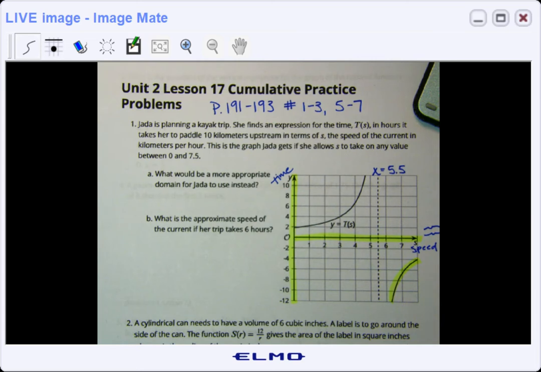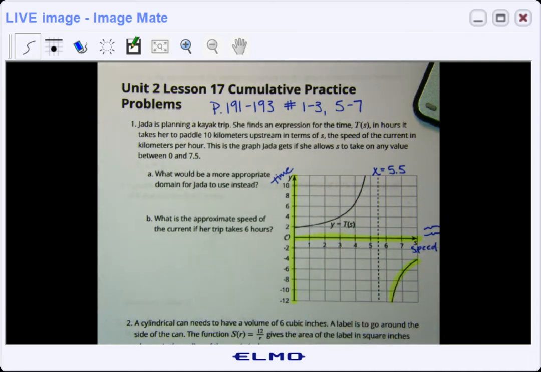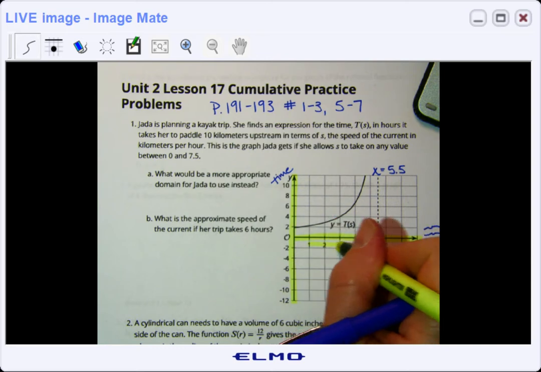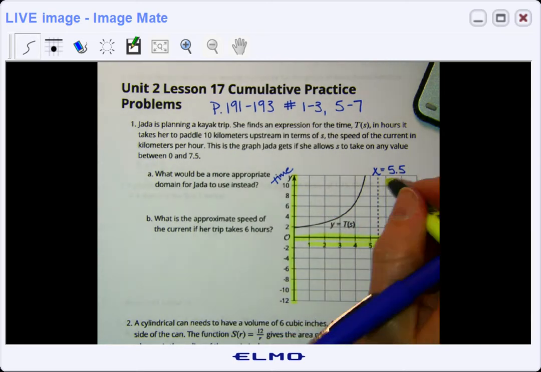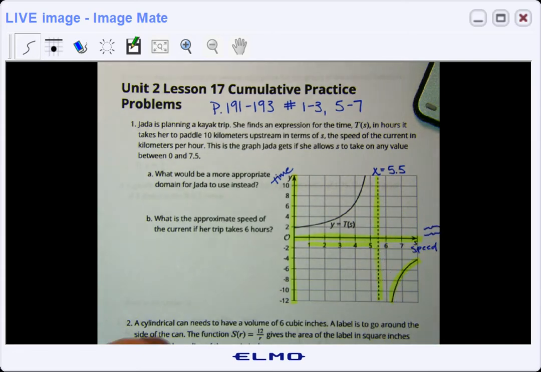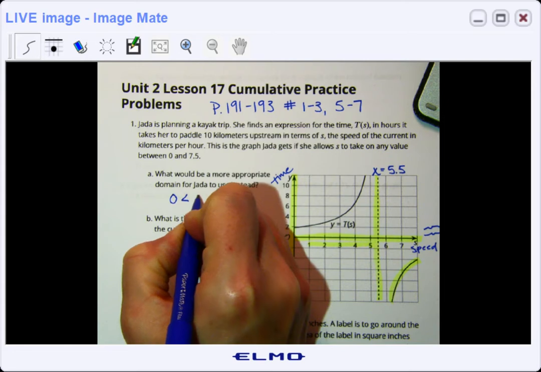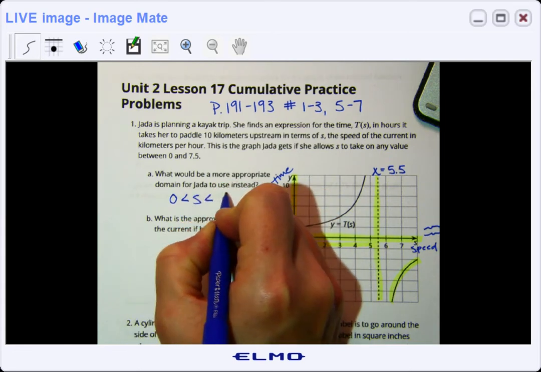Well, that doesn't really make sense for time. So I would say a more appropriate domain, remembering that the domain is the x values, would go from 0 right up to this vertical asymptote. So I would say 0 is less than S is less than 5.5.